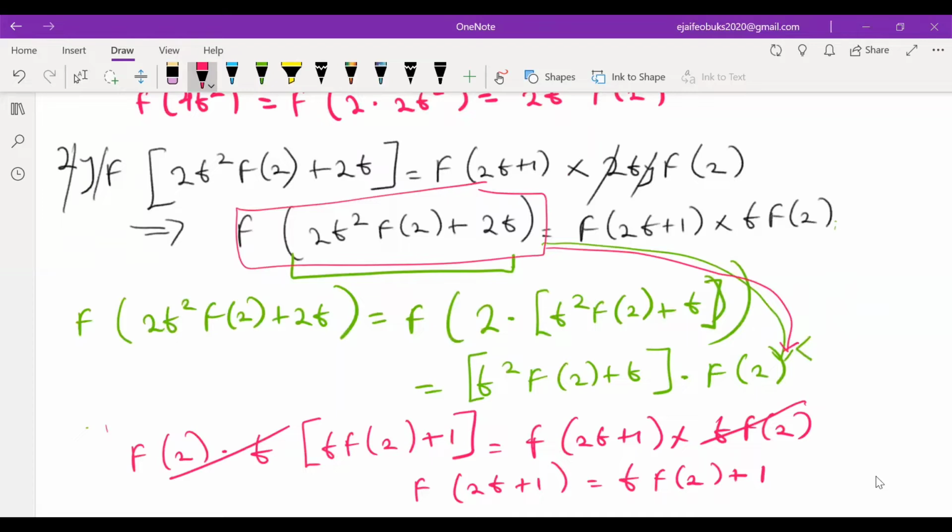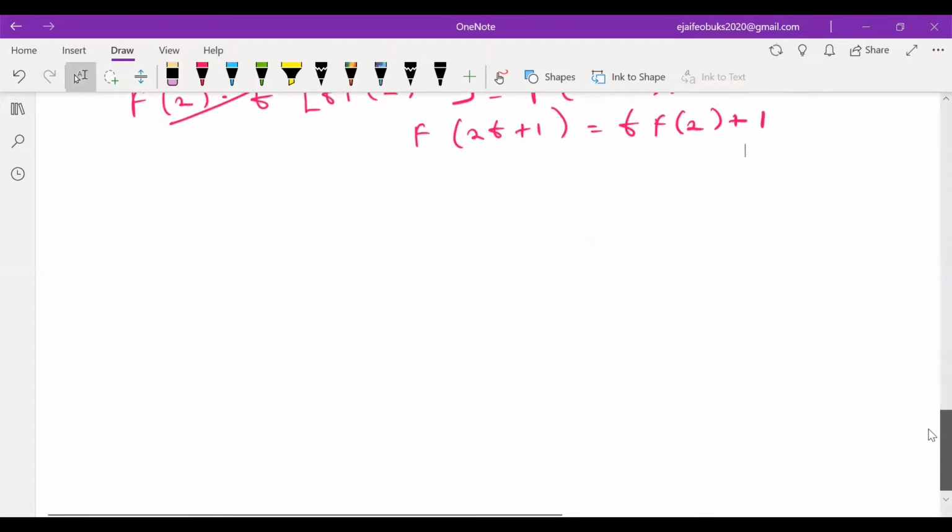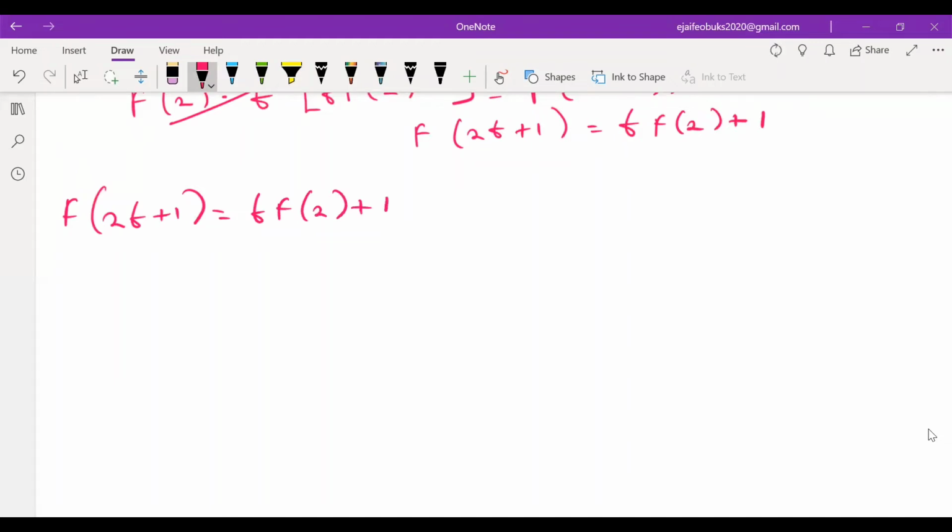At this point, as I usually like to say, we are almost done, because now we know that f of 2t plus 1 is t f of 2 plus 1. This is basically the same thing as saying that f of 2y plus 1 is y f of 2 plus 1, whatever y is. And we know that f of 2y is y f of 2.